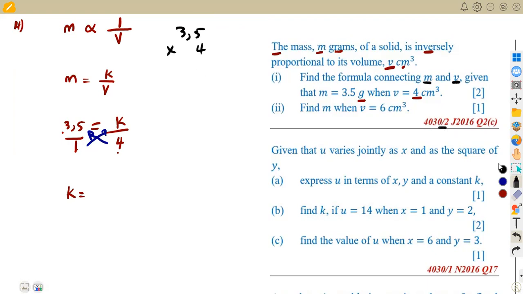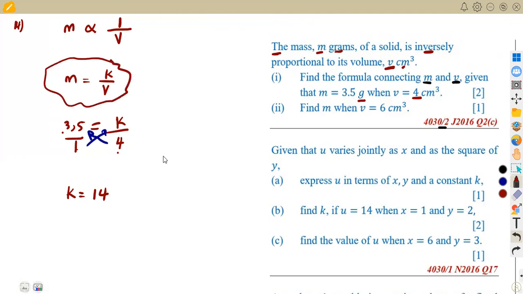So this was actually paper 2, so we do not need to show any working here. Use your calculator directly. We are supposed to obtain 14 in this case. All right, so that's 14. Having the value of the constant is not enough. We are supposed to substitute back our constant because we need the formula.